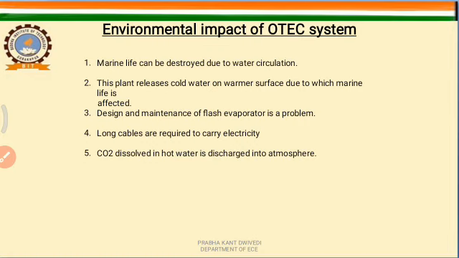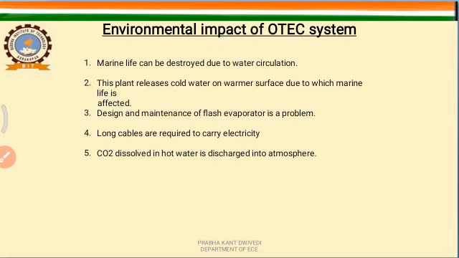Environmental impact of OTEC system. Marine life can be destroyed due to water circulation. As discussed, this water may contain some organisms of the ocean, and they can be destroyed. This plant releases cold water on the warmer surface, due to which marine life is affected.